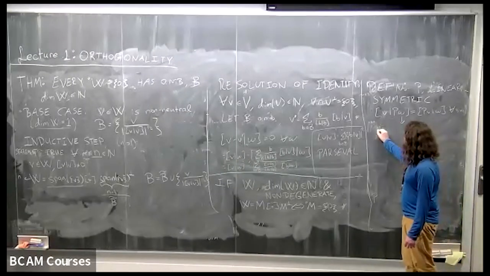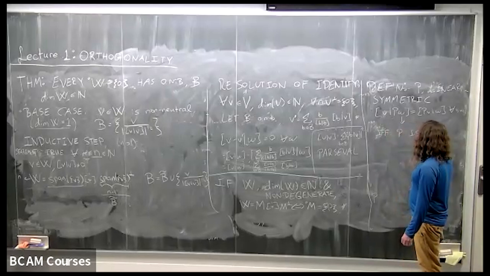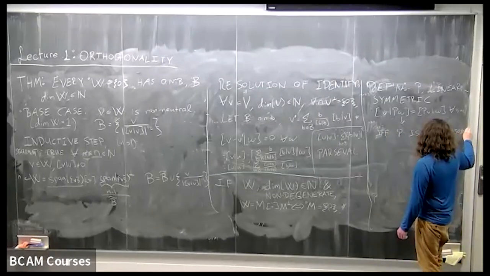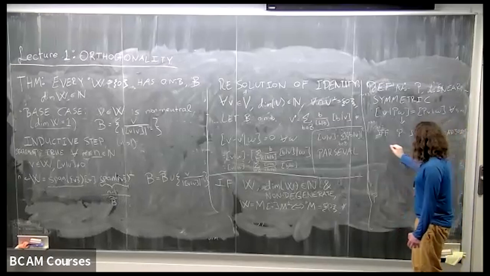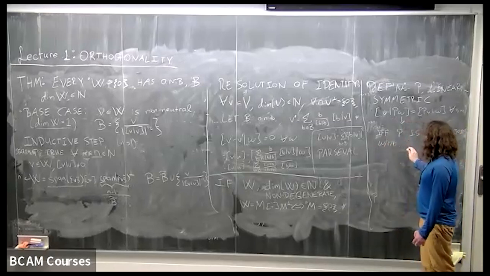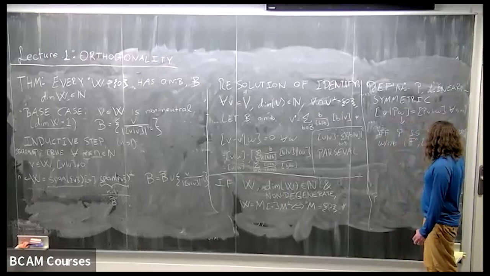So we can say that if P is self-adjoint, and I haven't properly defined self-adjoint, but for now just think of it as symmetric with respect to a non-degenerate inner product defined by a Gram operator.